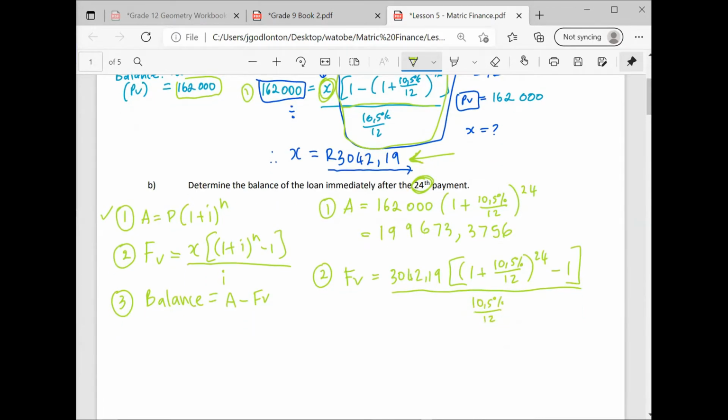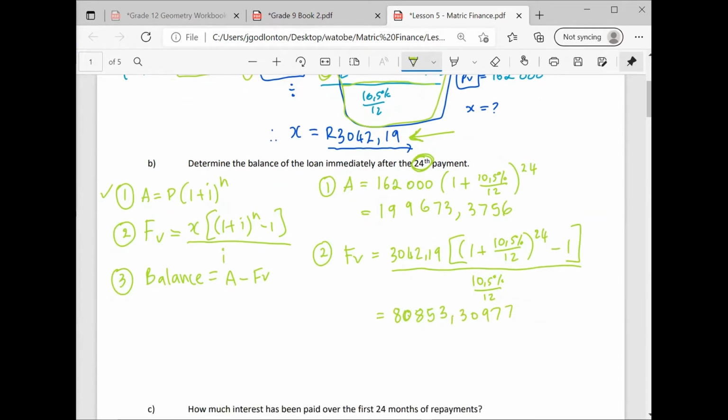And again, we put that straight into our calculator, and we should get a total of 80853.30977.